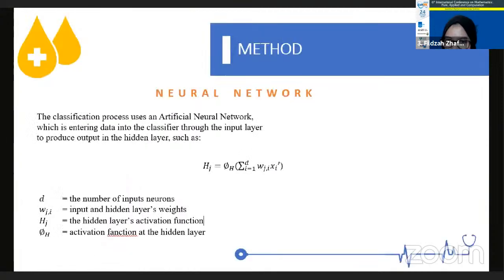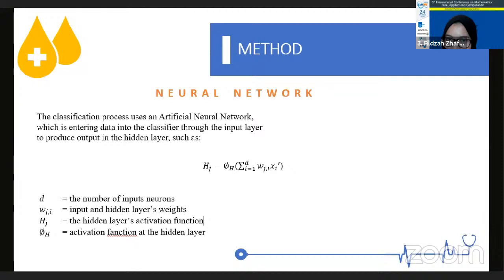The second method is neural network. Neural networks are machine learning used widely in many application areas, due to their high classification performance. This algorithm uses a universal function approximator that can model linear and non-linear data.